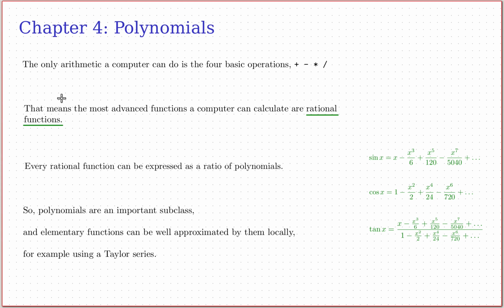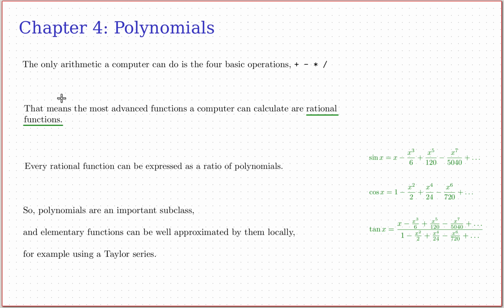The thing about a computer, which you probably realize by now, is that fundamentally, the only arithmetic you can really do in a computer is the four basic operations: addition, subtraction, multiplication, division. If those are the only things you can really do, then the only numbers you can really evaluate through arithmetic are going to be rational numbers, right?